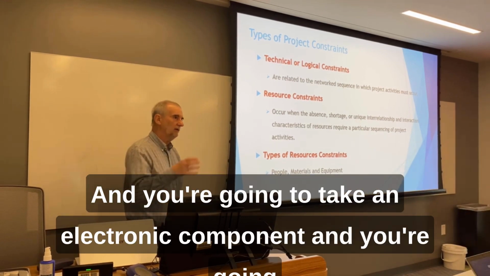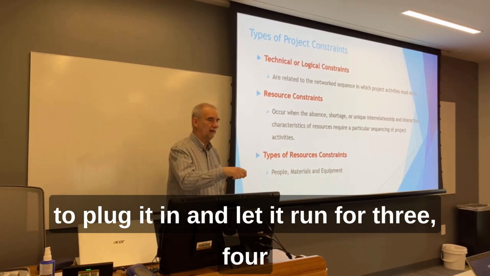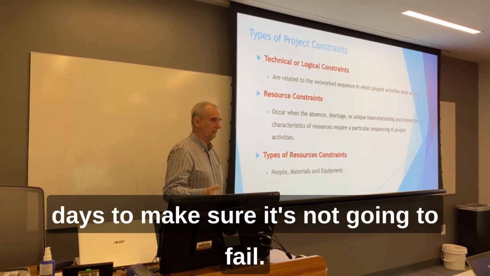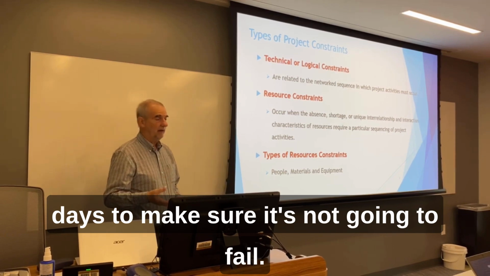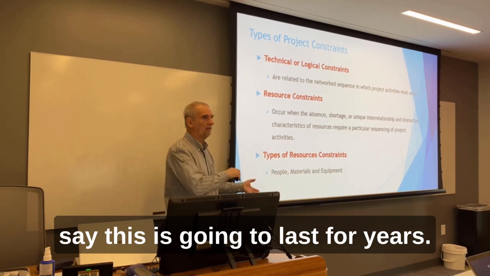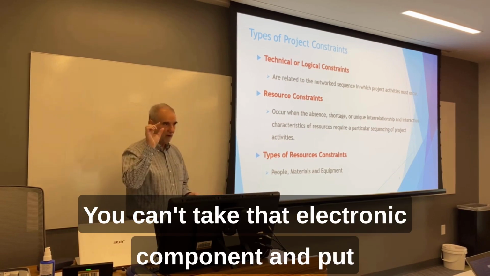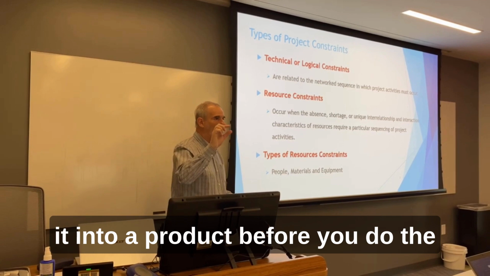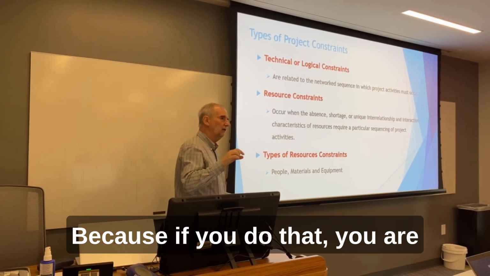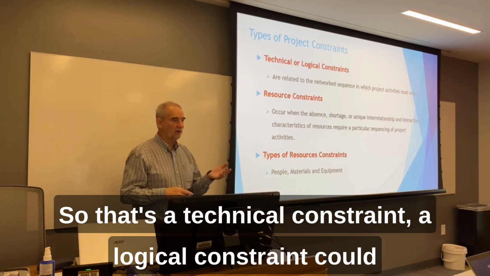You're going to take an electronic component, plug it in, and let it run for 3-4 days to make sure it's not going to fail. And if it lasts 3 or 4 days, you'll say, this is going to last for years. So you can't take that electronic component and put it into a product before you do the burn-in of 3 to 4 days. Because if you do that, you are unnecessarily introducing risk to your project. So that's a technical constraint.